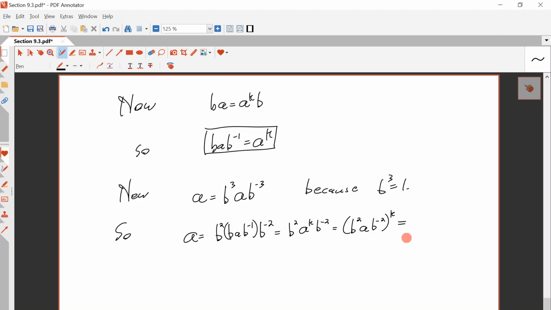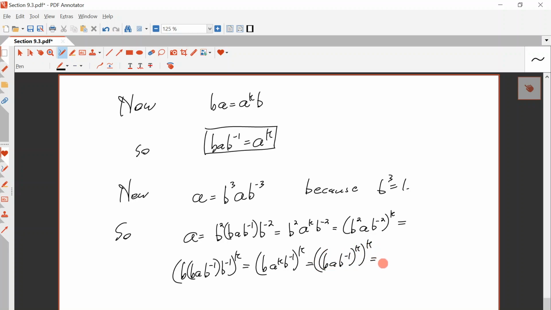But this is equal to, so do this trick again, peel off a B. B A B inverse, that whole thing to the K. All right, but this is A to the K again. Inside there, to the K. Bringing that K outside to the K, that's just K squared.